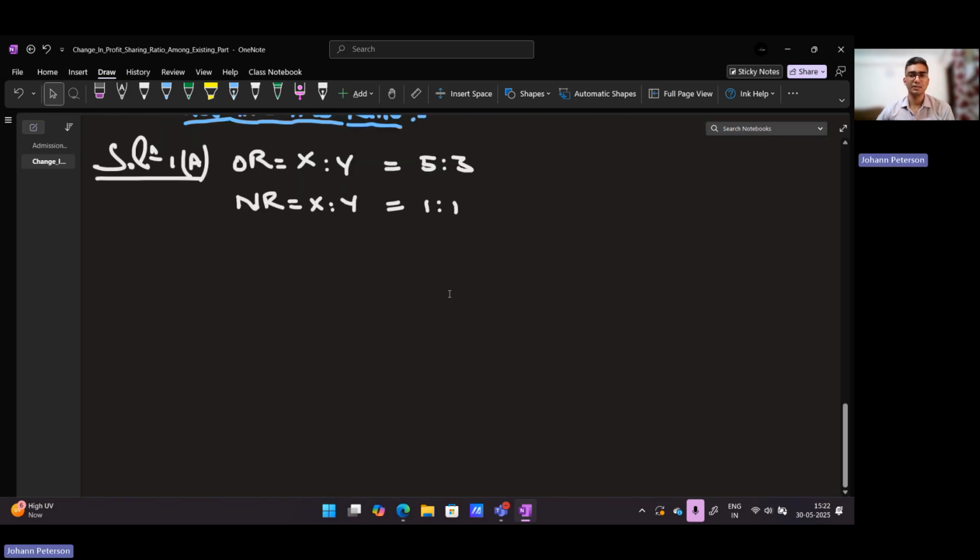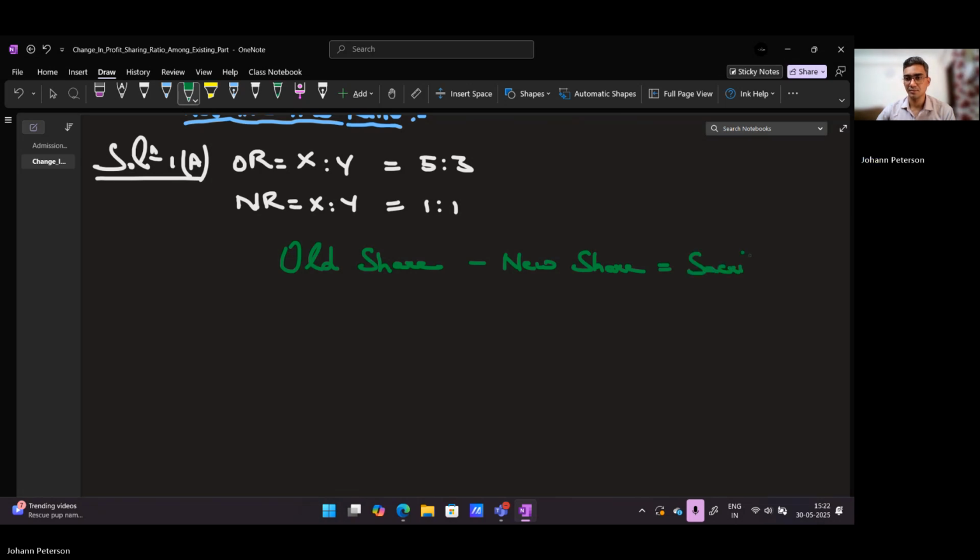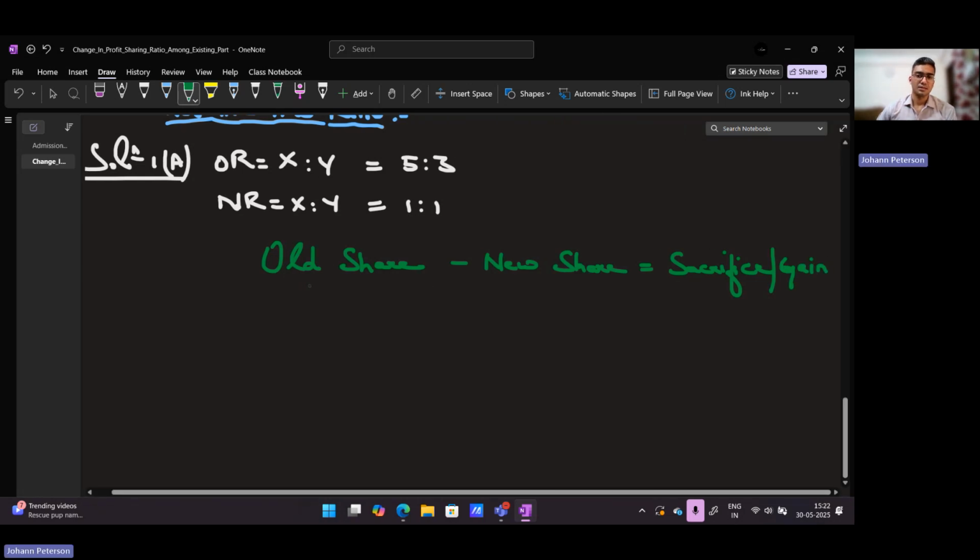So whenever we have to find whether somebody is gaining anything or somebody is sacrificing anything, we will do it by subtracting the new from the old. So we will do old share minus the new share. And this will either give us a sacrifice or a gain. So let's understand.